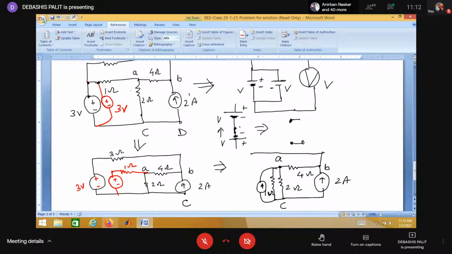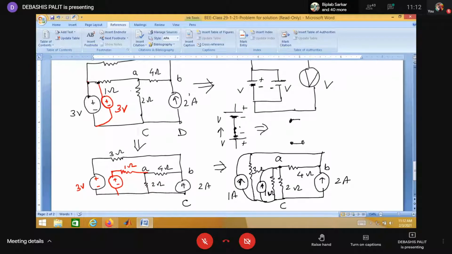So from B point to C point, there is a parallel resistance and a current source. The resistance value will be the same, 3 ohm, and the current source value is 3 by 3, that is 1 ampere.